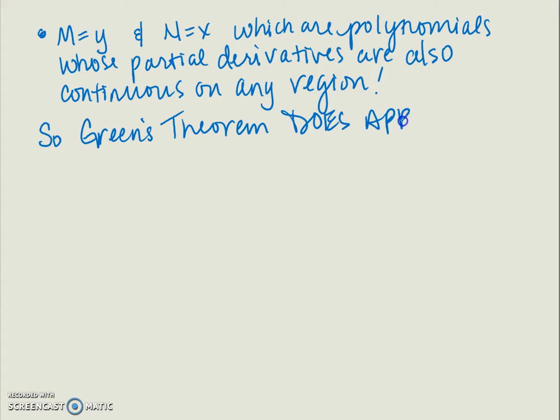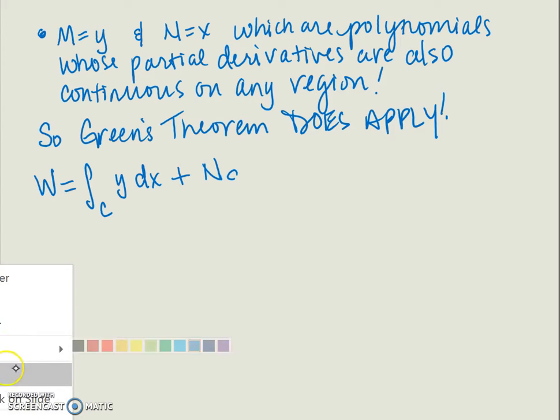Okay, so let's take a look at what that might look like. What we have here is work is going to be the integral over curve C of M dx plus N dy. N, we said for this problem, is actually x.